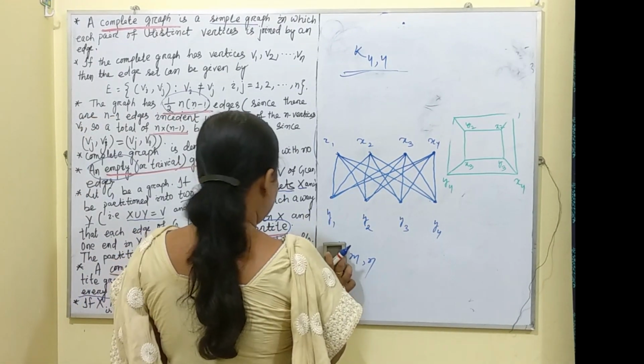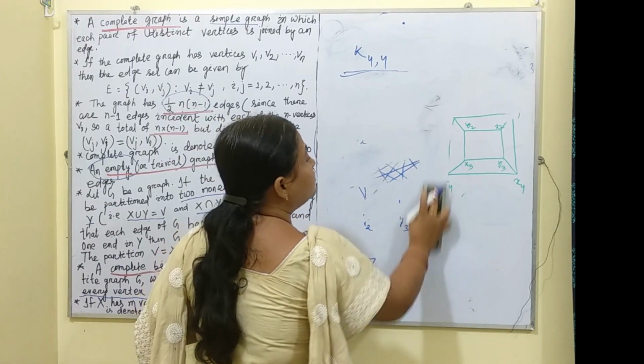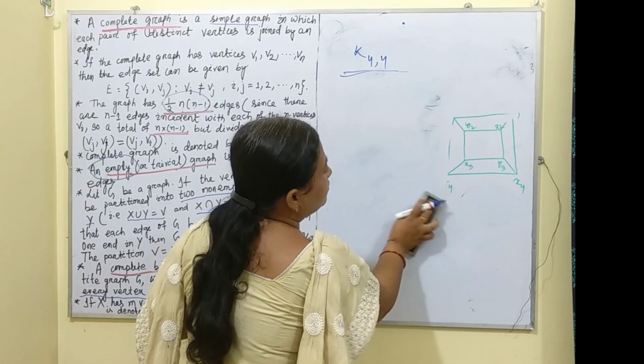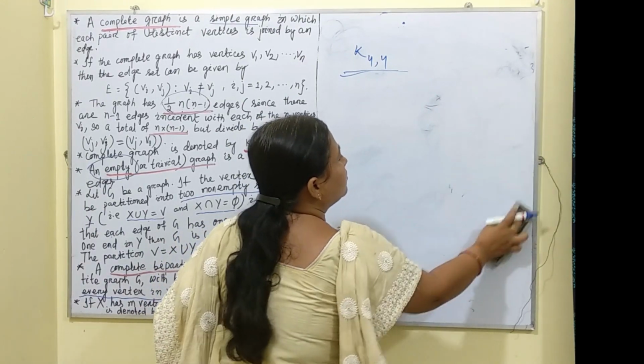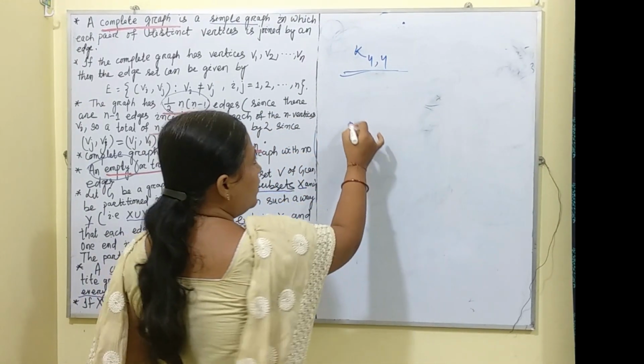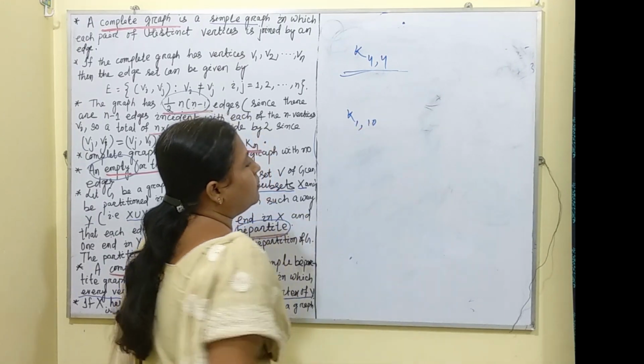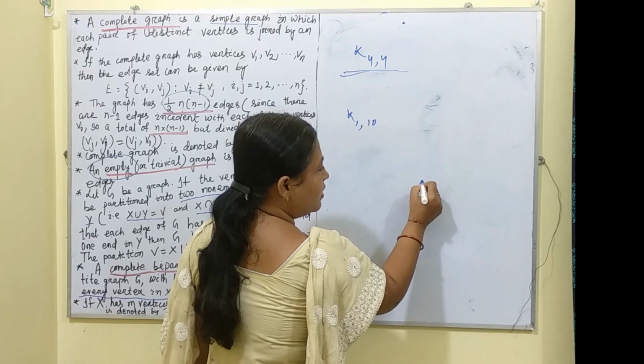So let us take another example. Next, come to K1,10. That is a star graph.